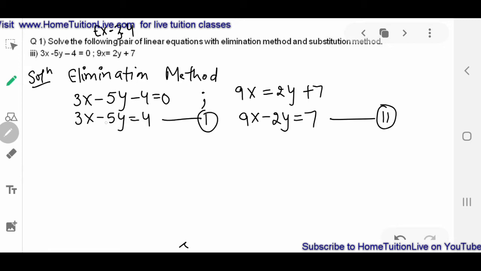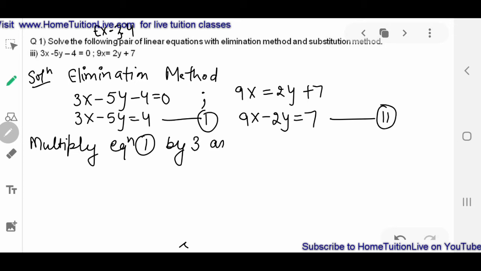So multiply equation 1 by 3 and then subtract from 2.